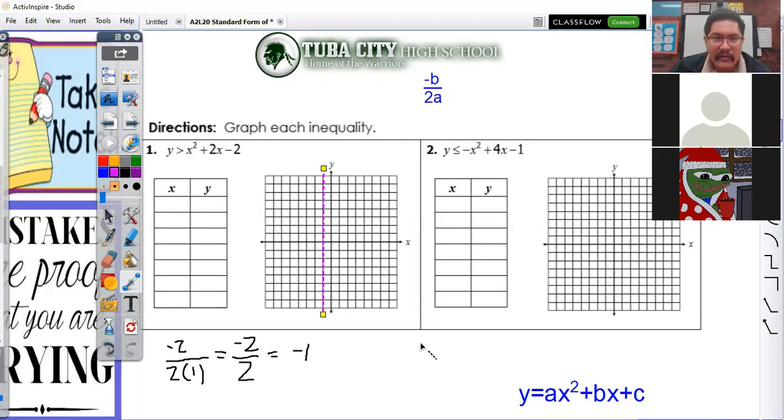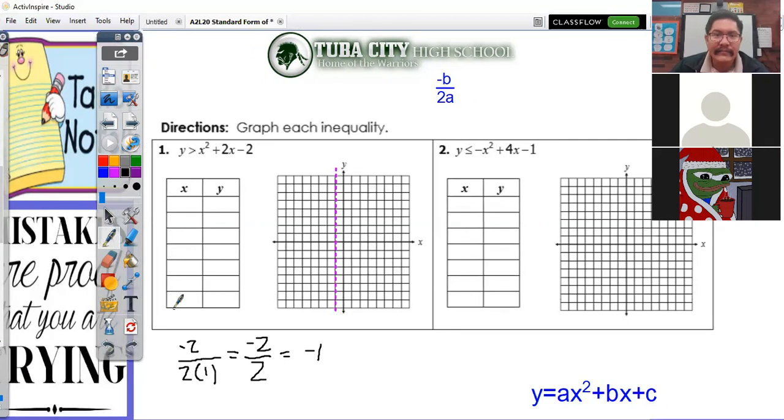I'm going to mark out my axis of symmetry here, and that means that it's going to be the same on both sides of that line. It's going to be the same shape. So that way I know if it doesn't match up, something must have gone wrong.